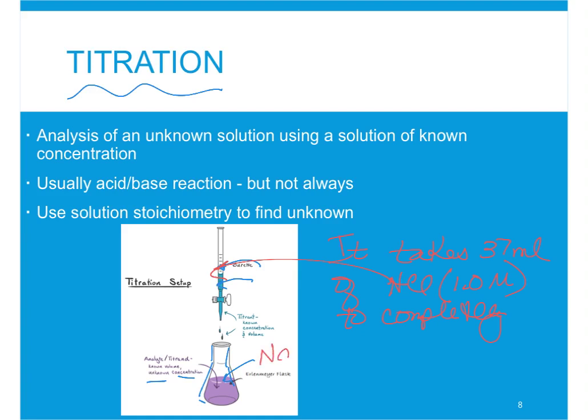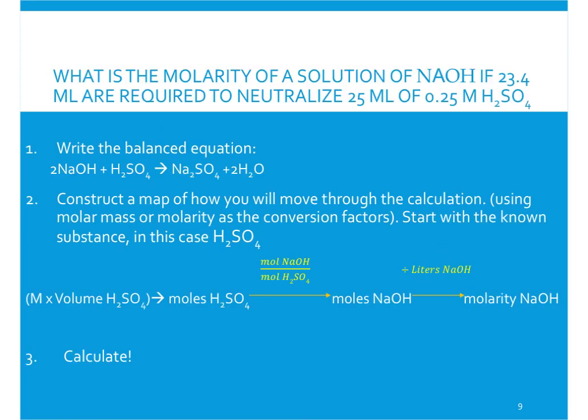So let's just say that's NaOH. And let's say that we have 50 mils of NaOH in the Erlenmeyer flask. Then it might say, okay, what is the molarity, or the concentration, of the unknown, in this case some concentration of NaOH? All right, so that's another typical format. So just make sure you practice some of these.